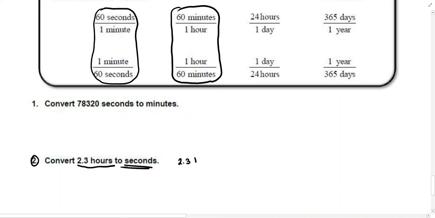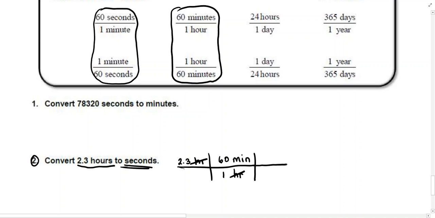So 2.3 hours. Remember, whatever we pick has to have hours in the denominator. 1 hour is 60 minutes. So here we go. 1 hour in the bottom, 60 minutes on top. Now who cancels? Hours cancel.